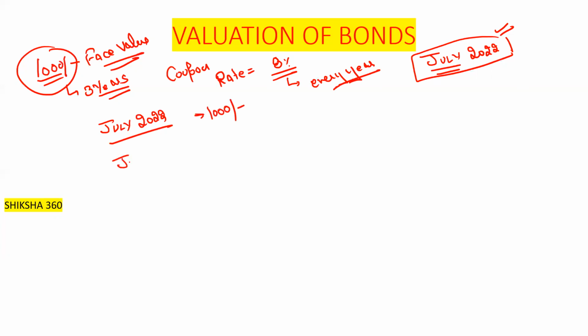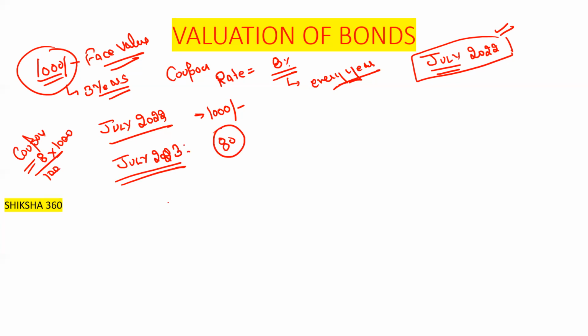In July 2023, how much amount will you get as the coupon? That is 8% of 1000, that is 80 rupees as the interest, or in technical language, it is known as the coupon. Similarly, in July 2024, you also get 80 rupees.